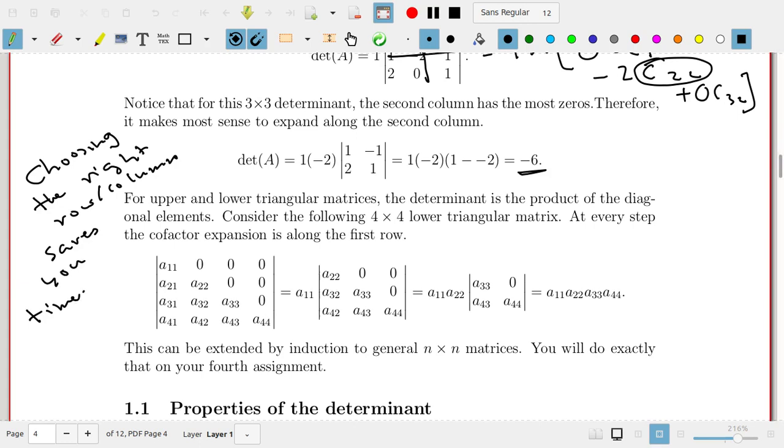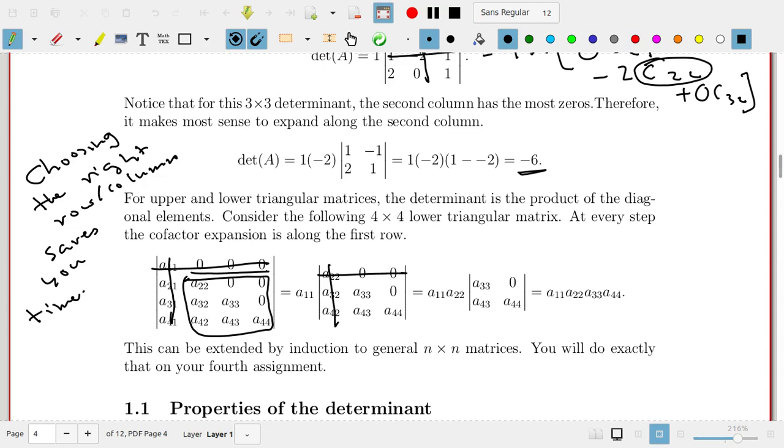Notice this lower triangular matrix. In the first row, there are 3 zeros. So I can cofactor expand along the first row, and I end up with A11 when I cross this out. I am left with this 3 by 3 matrix, and then I cofactor expand along the first row again, and you end up with A22, then A33.